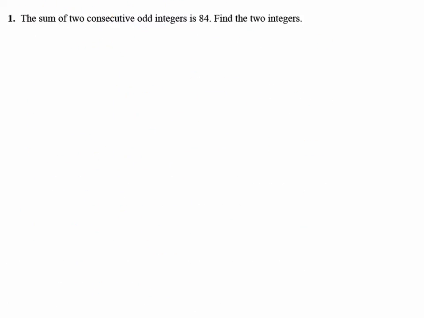Okay, let's go with number 1. The sum of 2 consecutive odd integers is 84. I need to find those 2 integers. As we did before, we have to label what x is. You can say x is one number, the first odd integer, the first integer, whatever you like.